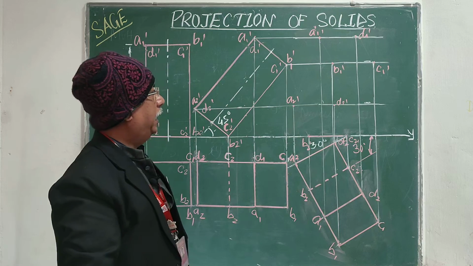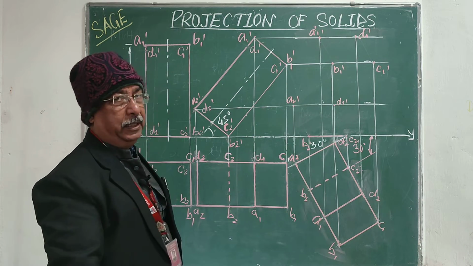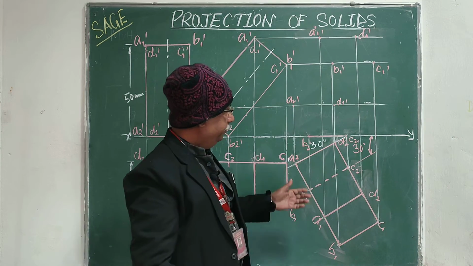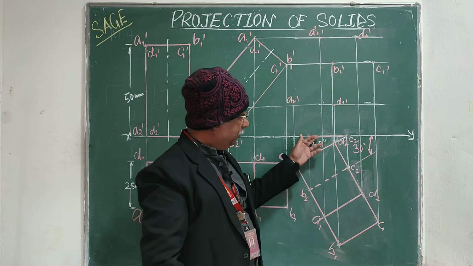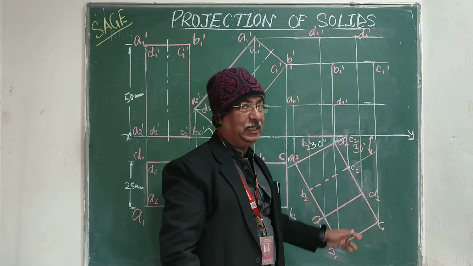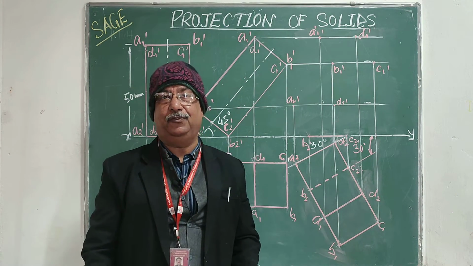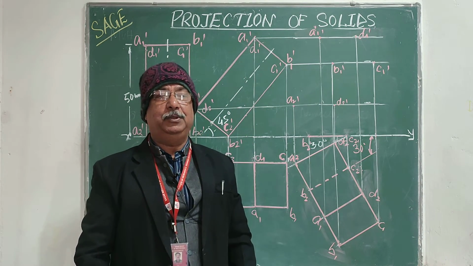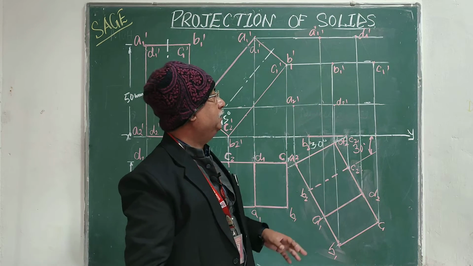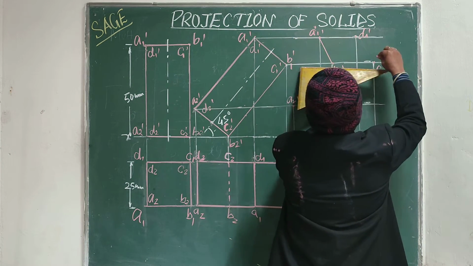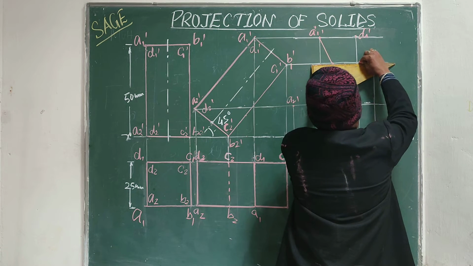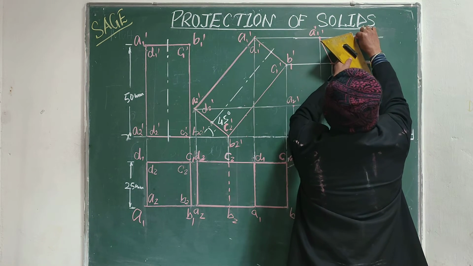And now I want to join this front view. As you remember that when we are looking for this front view, as in the top view, this A1, B1, C1, D1 base will be away from the reference line, so that will be visible. So for joining these points, we will start with the upper base, that is A1 dash, B1 dash, C1 dash and D1 dash.